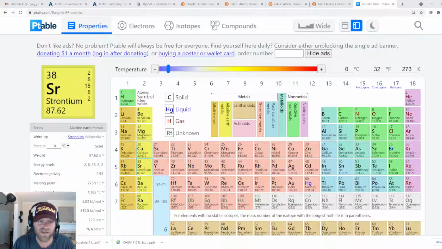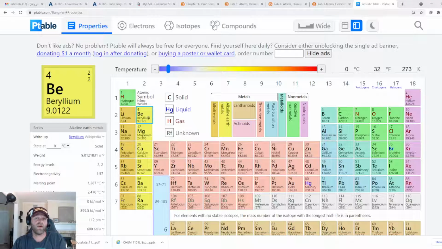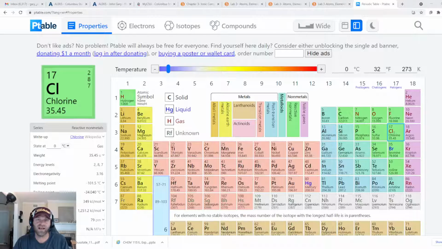Beryllium, magnesium, calcium, strontium always have a plus 2. So you can also use those and go the other way. If I have a beryllium 2 plus and it's bound to 2 chlorides, I can figure out that each chloride is 1 minus. That's how you pair the ions together.